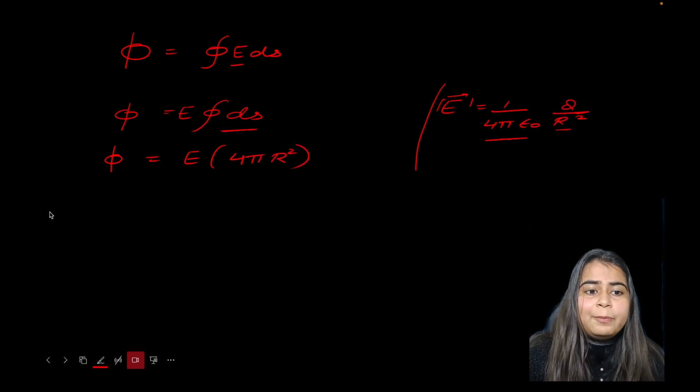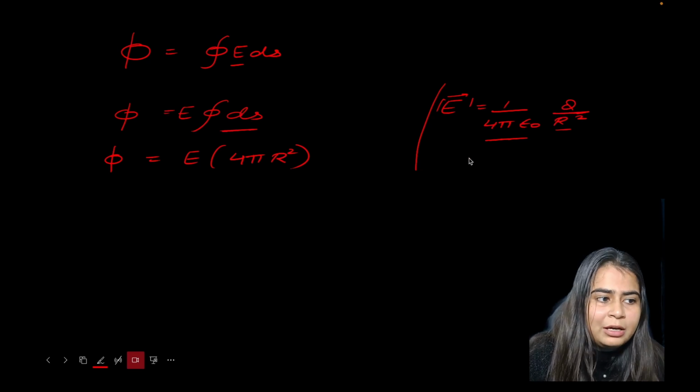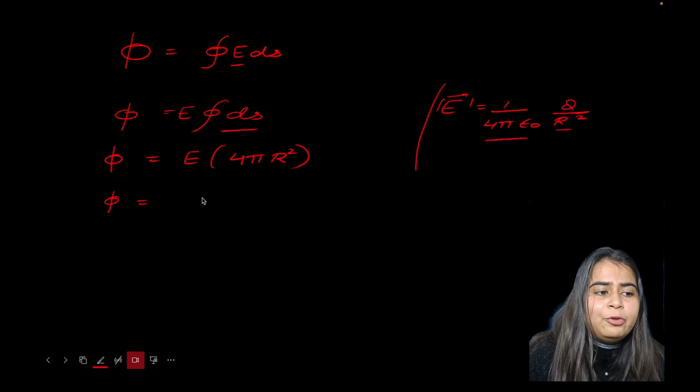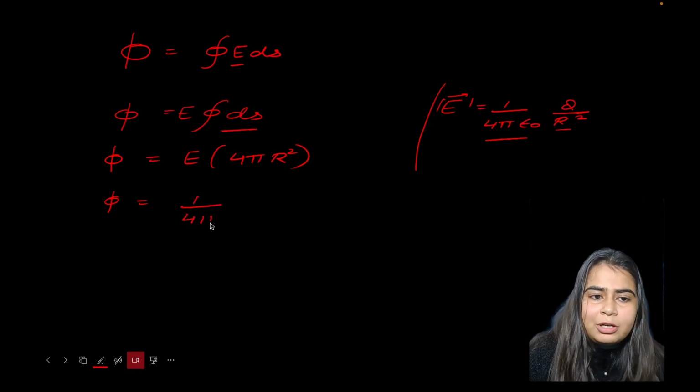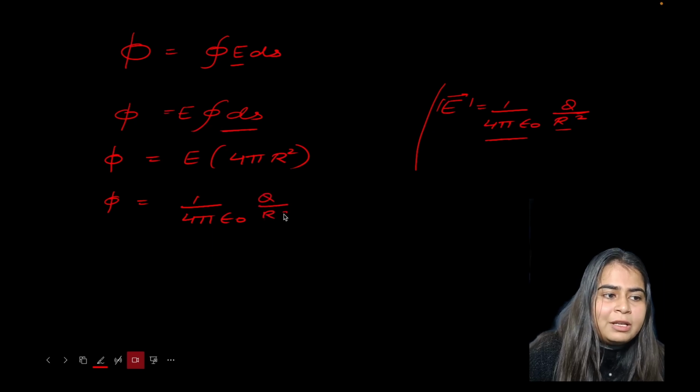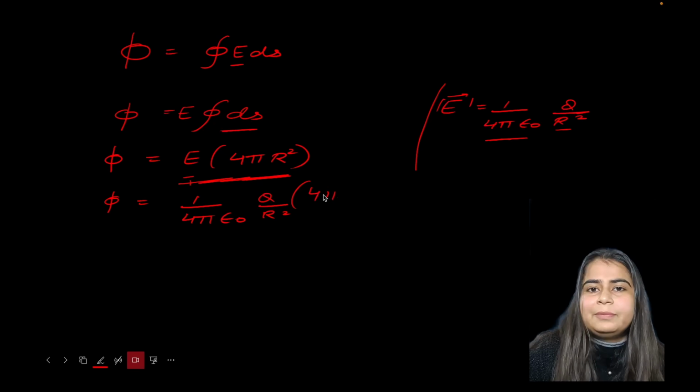Now, if I put this value of E here, what I'll get? This phi will become 1 by 4 pi epsilon naught, q by r square. This is the value of E which I have substituted. Now, again, see this whole term, right? So it will become times 4 pi r square.